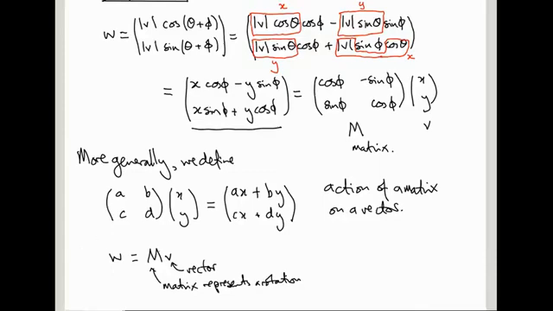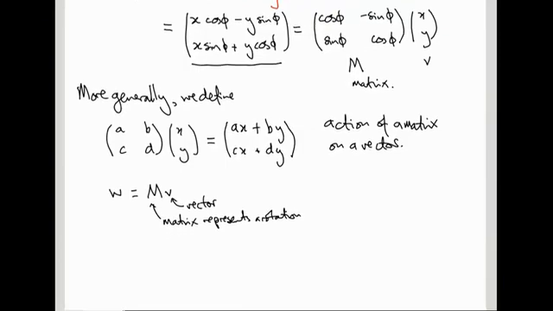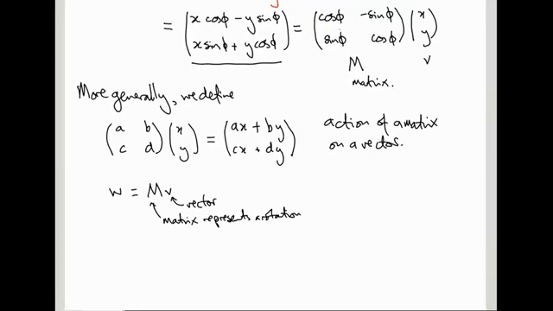And the fantastic thing is that now we don't have to limit ourselves to rotations. Now we can just use any four numbers, a, b, c, d, and this matrix multiplication defines for us a new vector starting from any initial vector.